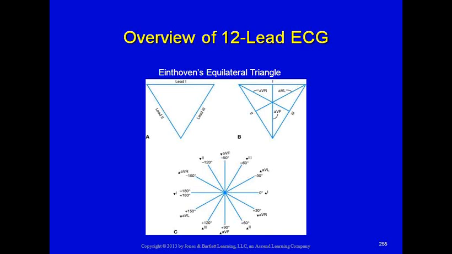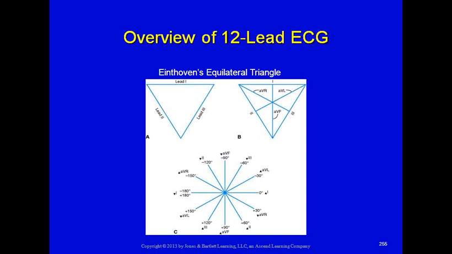Remember, in lead 2, we're monitoring electricity from a negative pole to a positive pole so that all the complexes are upright. The P's, the QRS's, and the T's are all upright above that isoelectric line, which makes it easier for us to identify the arrhythmia. So in lead 2, you can see it's at plus 60.